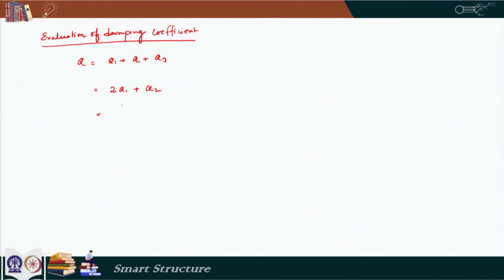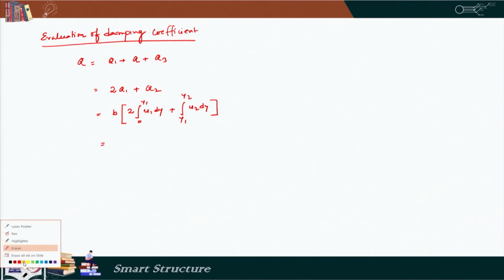And then we have 2 Q1 equal to B multiplied by some quantities in a bracket, and then we have 2 multiplied by integral of u1 over 0 to y1, and we have integral of u2 over y1 to y2, and then we know that we can rewrite the expression in a better way.